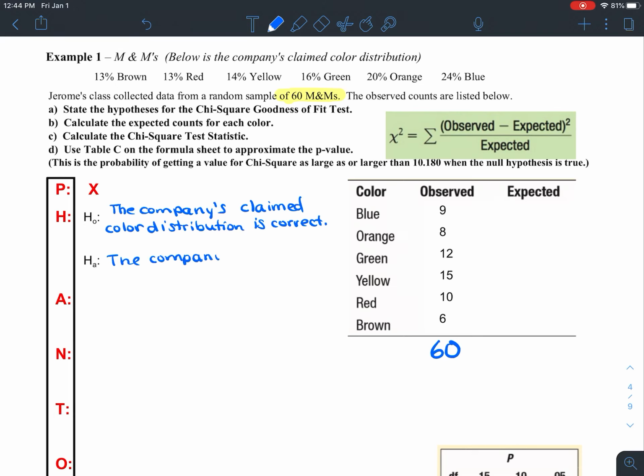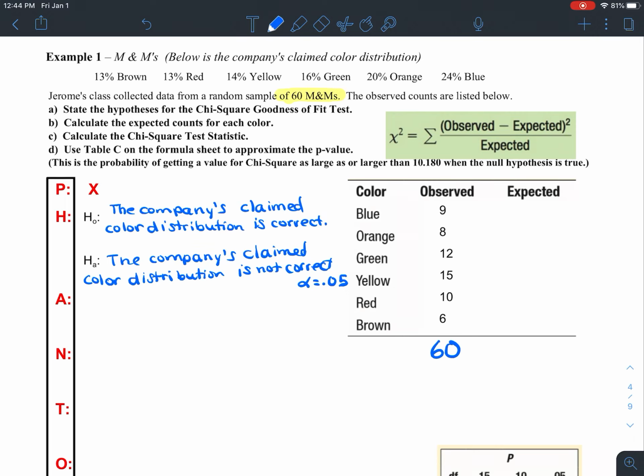And then the alternative is basically that the company's claimed color distribution is not correct. We also want to list in this step what our significance level is for running this test. Remember, if they don't state one in the problem, we use our default alpha level of 0.05.